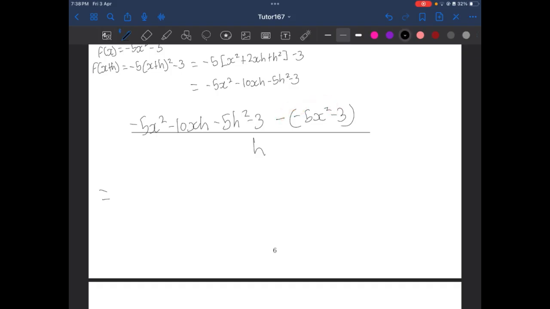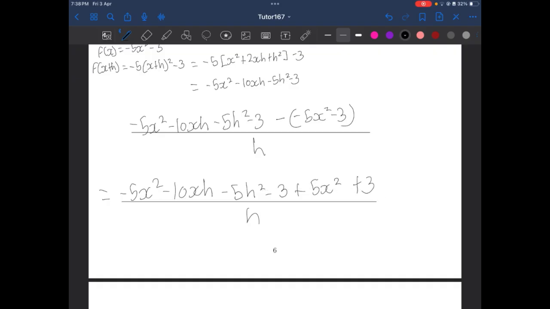Now we're going to distribute this negative to both terms. That's negative 5x squared minus 10xh minus 5h squared minus 3 plus, distributing this negative, negative times negative 5x squared is plus 5x squared, and negative times negative 3 is positive 3, divided by h.